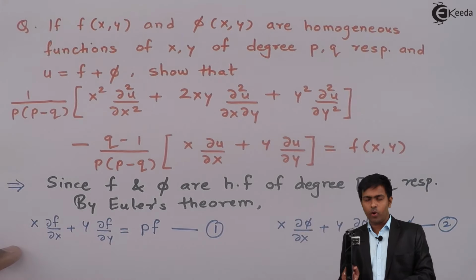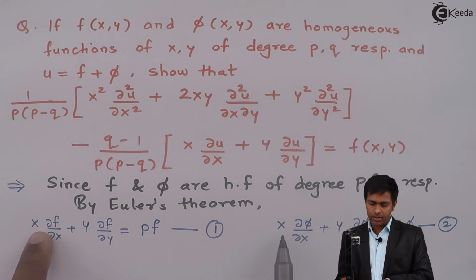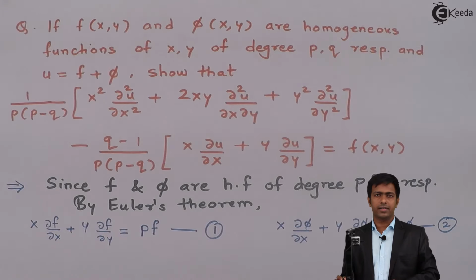So when we add equation 1 and 2, on the left hand side we can take x common and we'll get dou f by dou x plus dou phi by dou x inside the bracket.